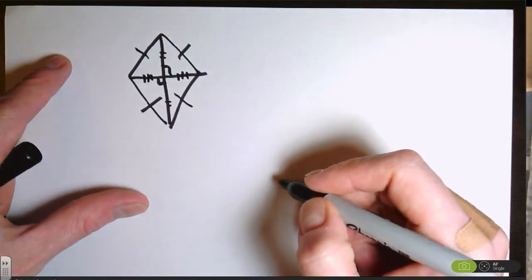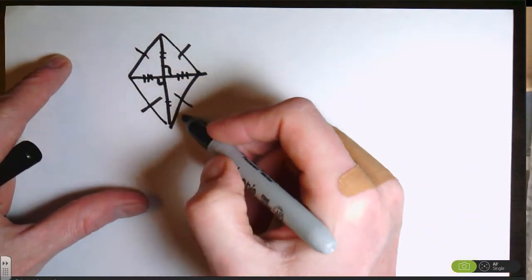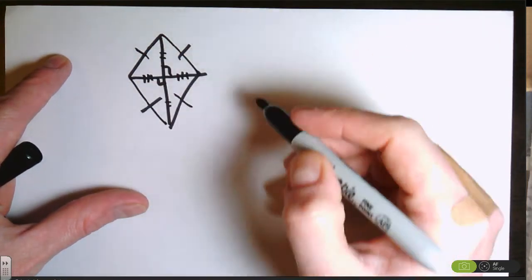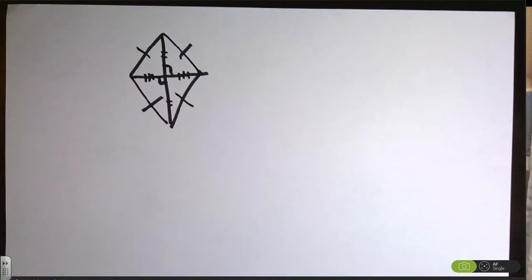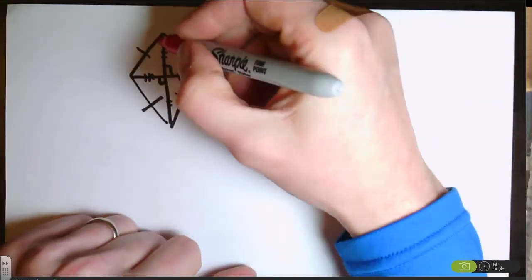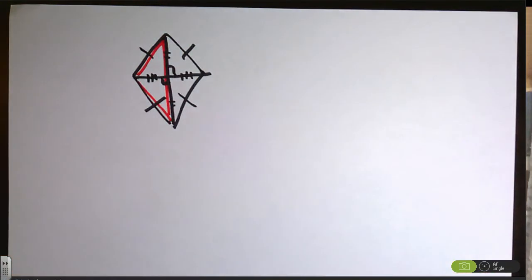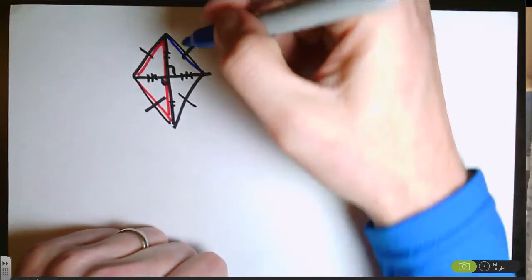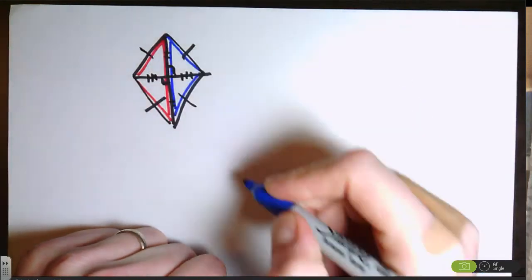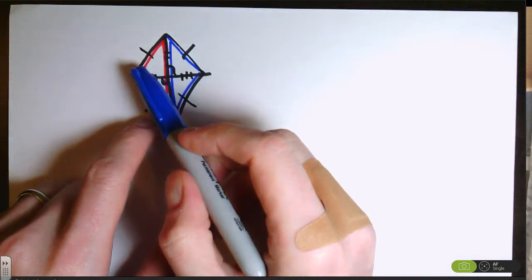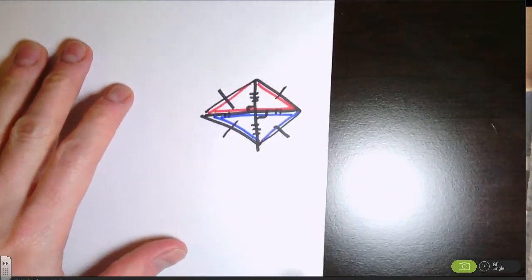Okay. So what we get is you can think of this either as 4 small congruent triangles, or what's easier to think of is 2 big congruent triangles. We'll say the one in red, okay, and the one in blue. Now, with that, the height, okay, let me turn it this way for us.